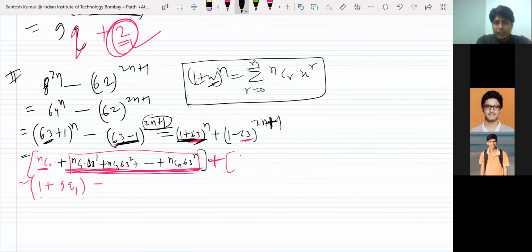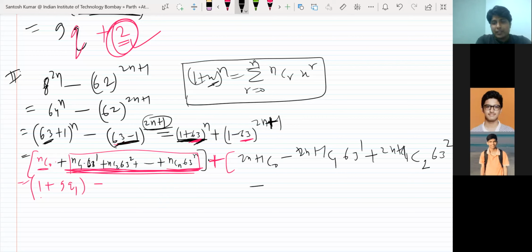Okay, fine. So 2n plus 1 C0 minus, or you take 2n plus 1 as m if you find problem in writing. So 2n plus 1 C1 63 raised to power 1 plus 2n plus 1 C2 63 square, and keep going.